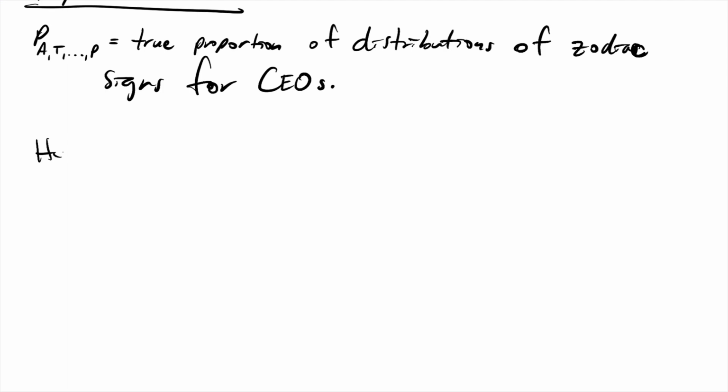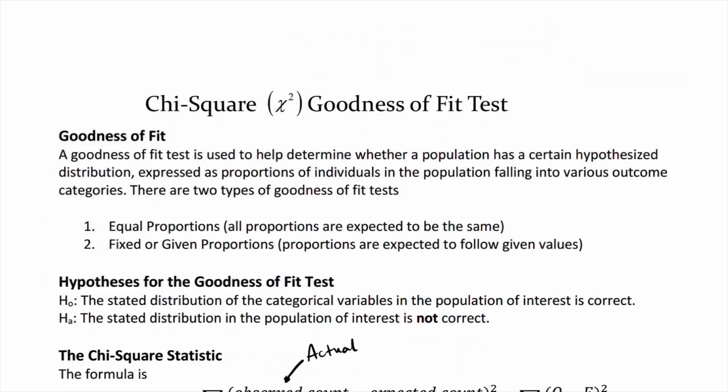Okay. Next is hypotheses. We have the null and the alternative. Doesn't the prompt say the null hypothesis?